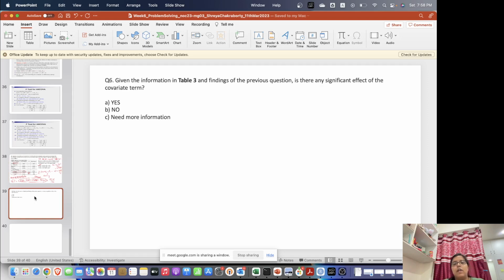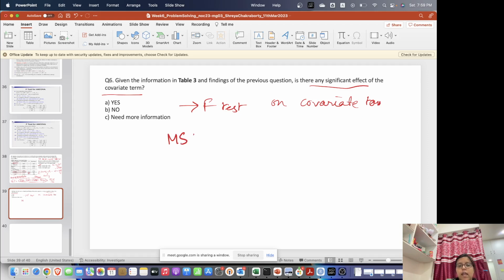Now if we have to find out from the given information whether there is any significant effect of the covariate term, what are we going to do? We are going to do an F-test on the covariate term. How am I going to do that? I am going to take the MS covariate divided by MS residual and then compare it with the F critical value.